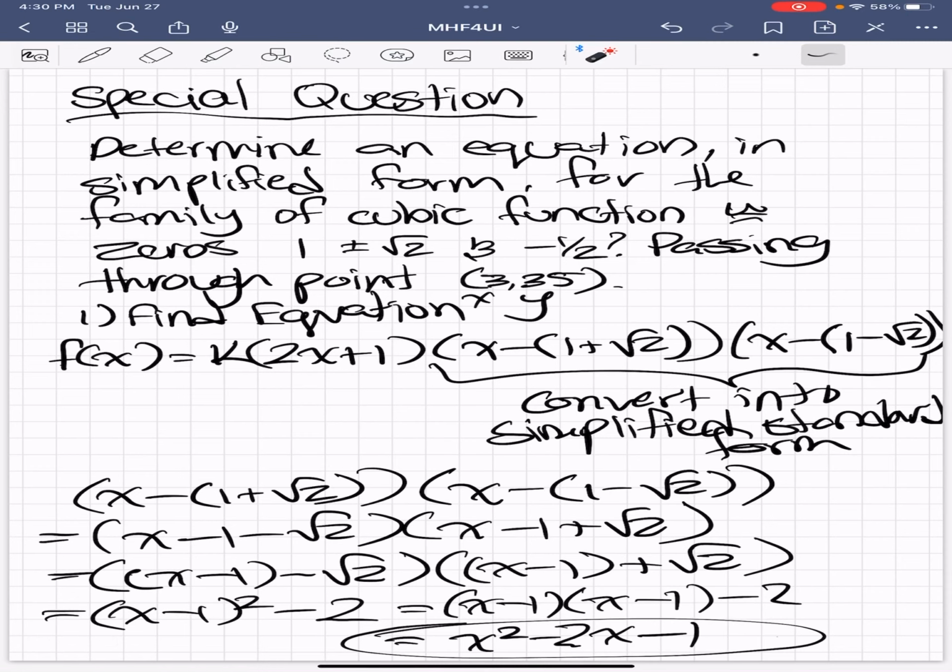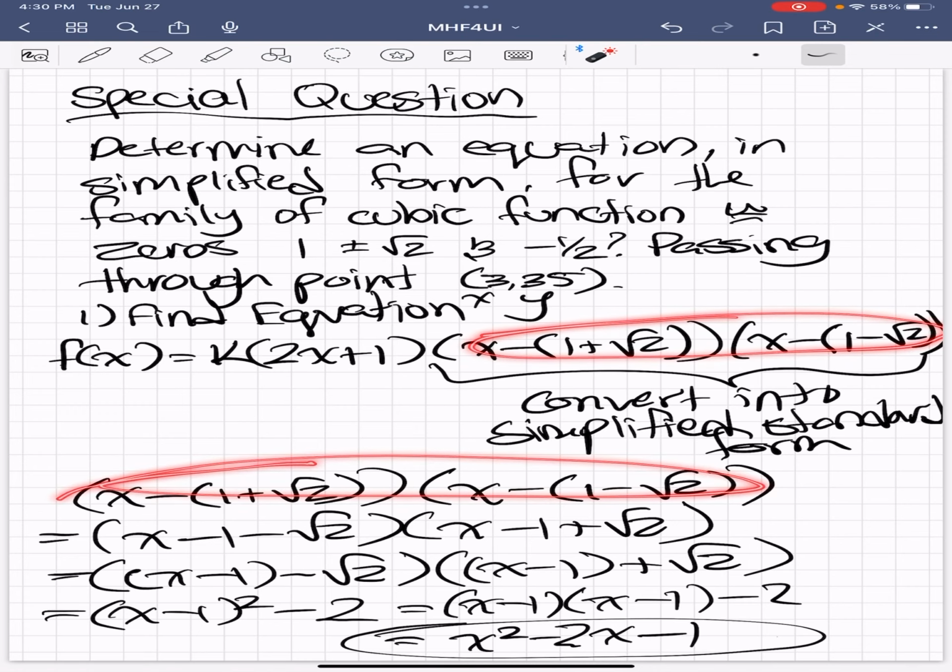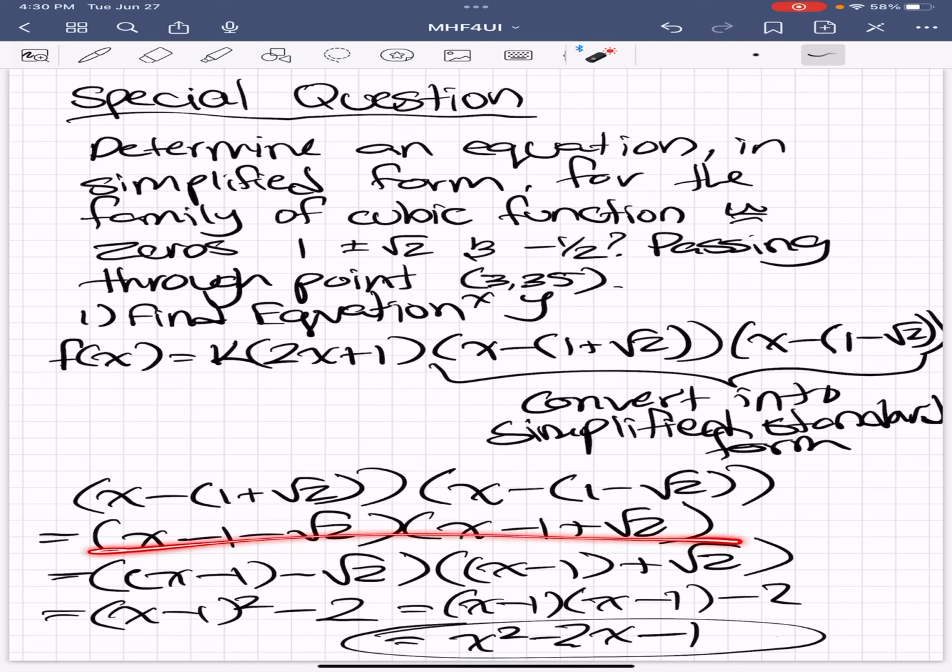You have to convert into simplified standard form. So we take what we see, we write it down, we get rid of the brackets, we take x minus 1 because they're the same. We put those into brackets and then we bring it down and square it.